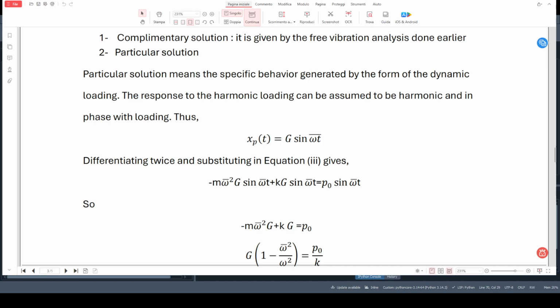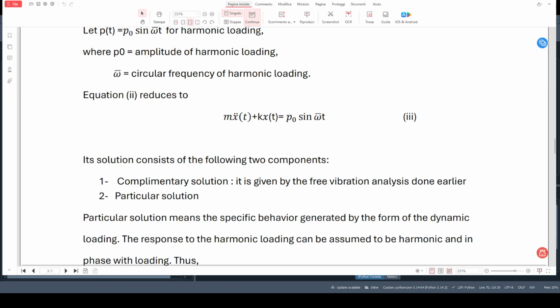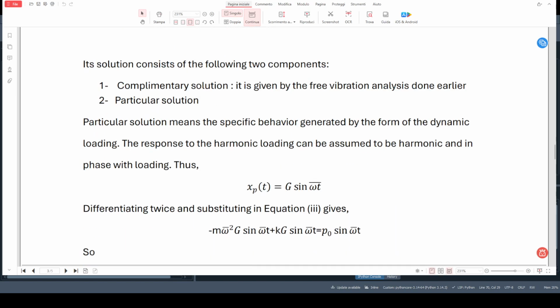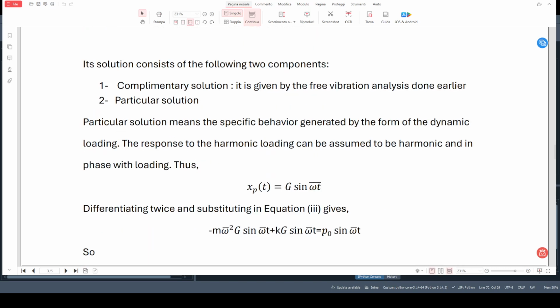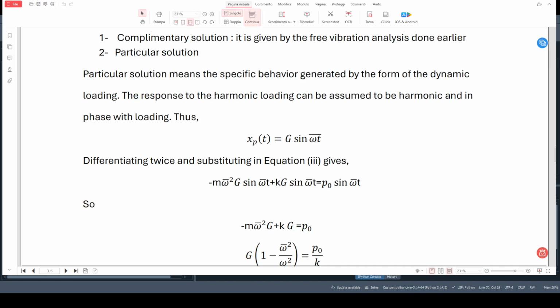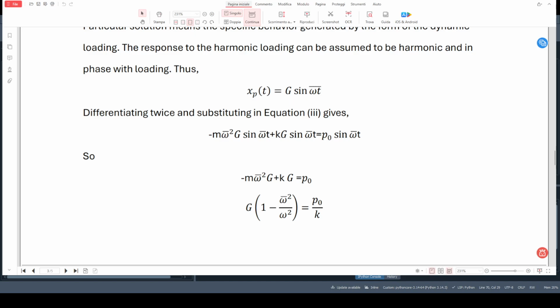Differentiating this twice and putting it in the first equation, we can write this total equation, simplifying sin(omega bar t) in both members of the equation.